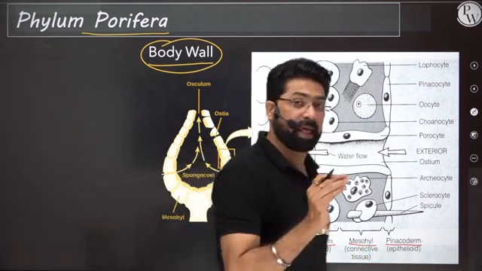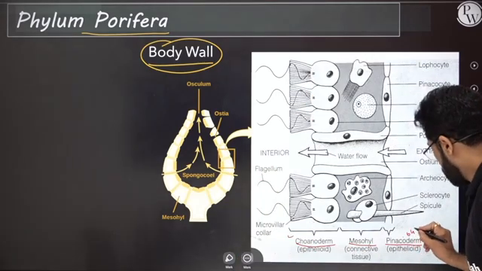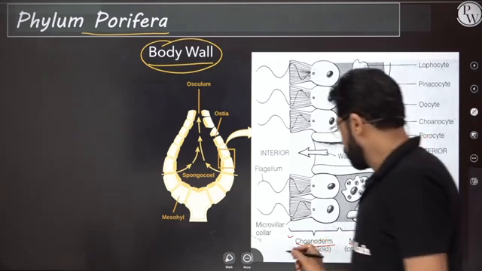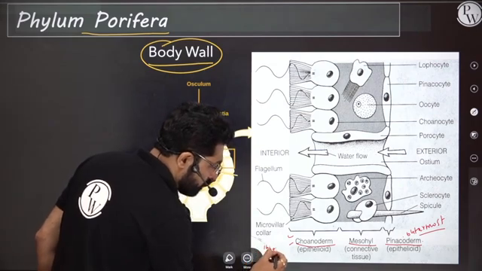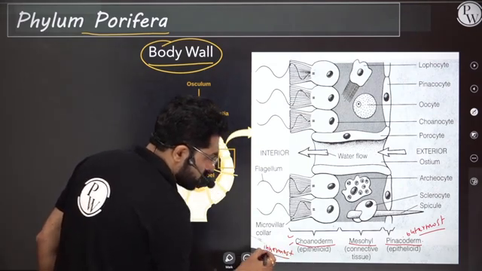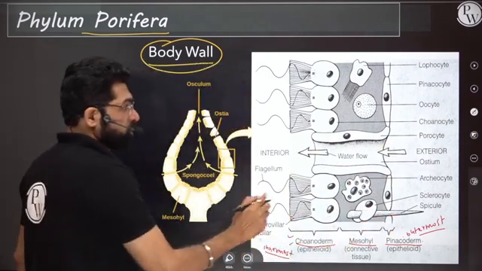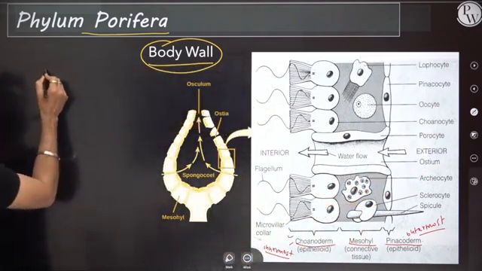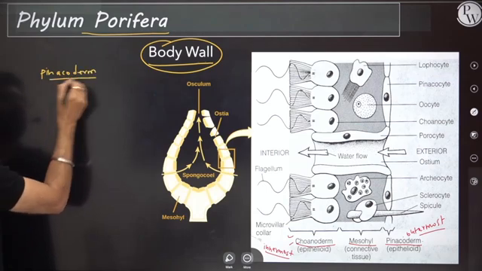So remember, pinacoderm is the outer layer and choanoderm is the inner layer.